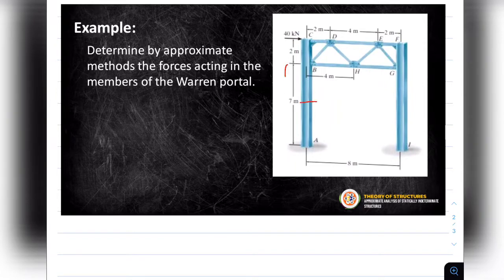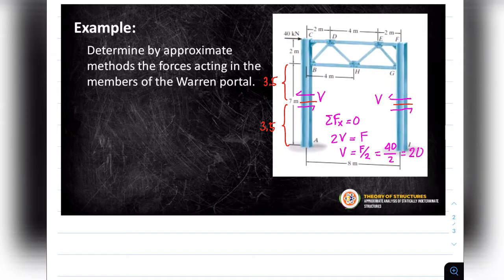The truss portion B, C, F, and G acts as a rigid unit. Since the supports are fixed, a point of inflection is assumed to exist at 3.5 meters, which is half of the 7 meters, above A and I, and equal horizontal reactions or shear act at the base of the columns.